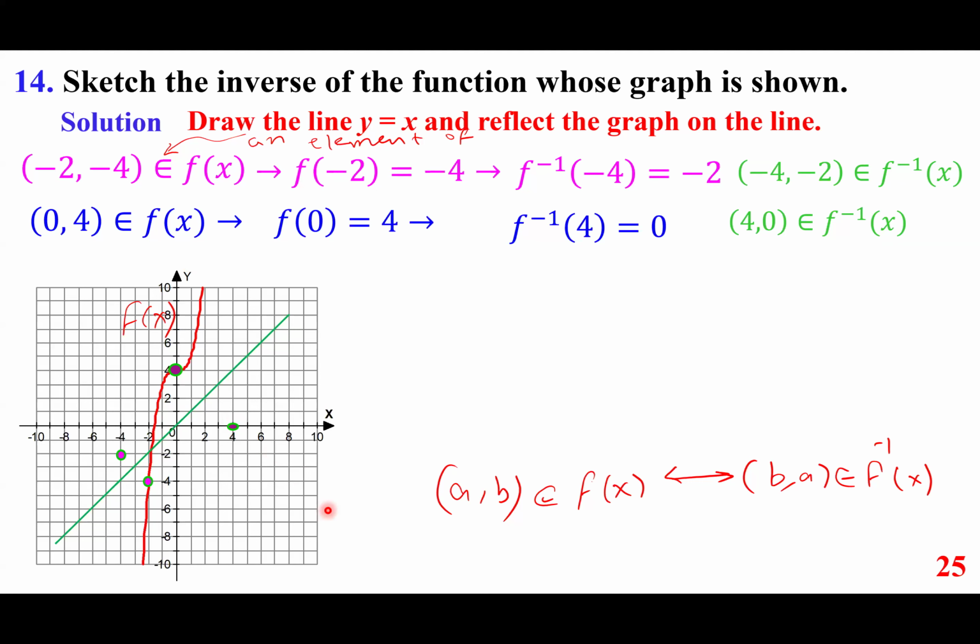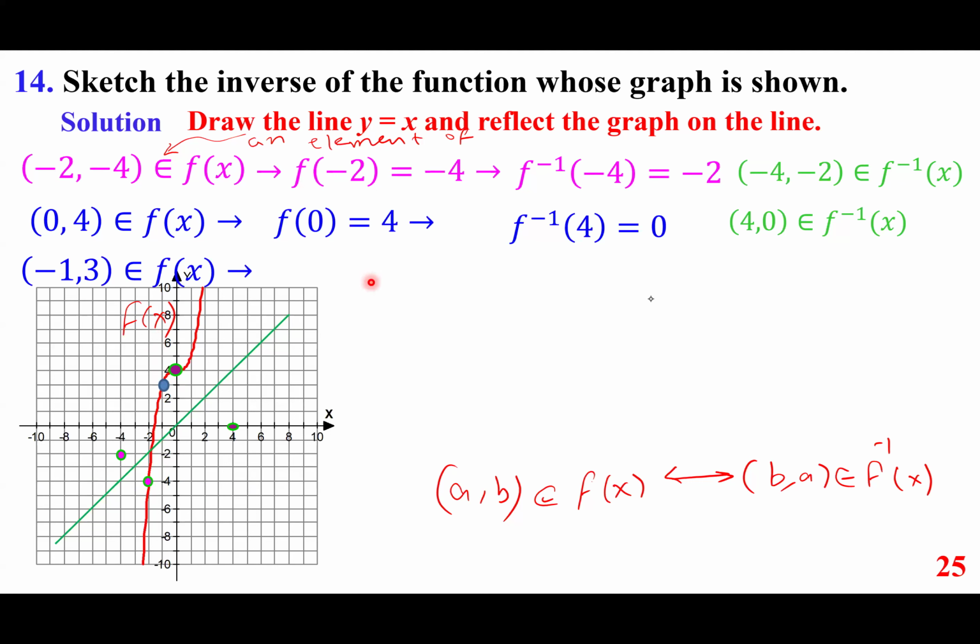Let's look at another easy point. Clearly, this point is on the function f of x located at negative 1 comma 3, which means 3 comma negative 1 belongs to its inverse.